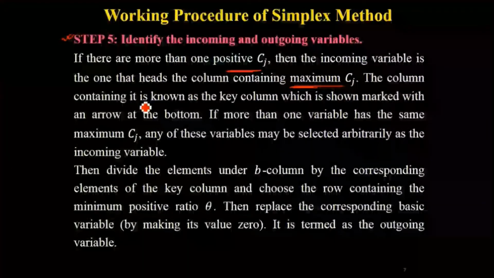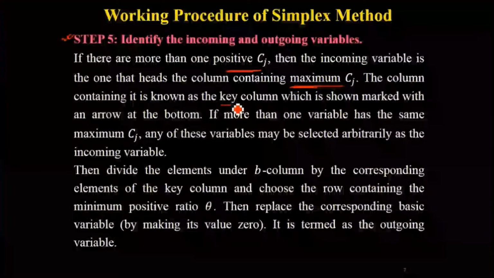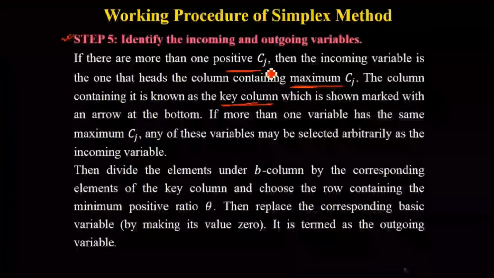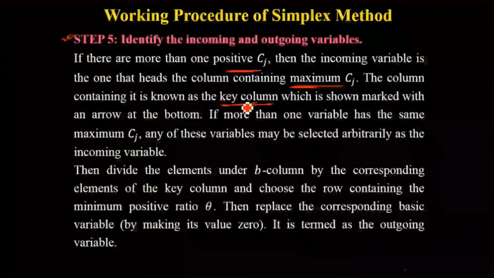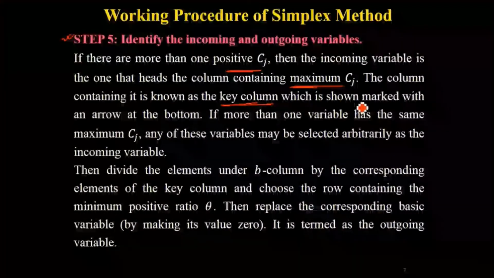The column containing it is known as the key column. The column identified by the maximum positive Cj value is called the key column, which is marked with an arrow at the bottom. We will show those things through an arrow while we calculate in the table.